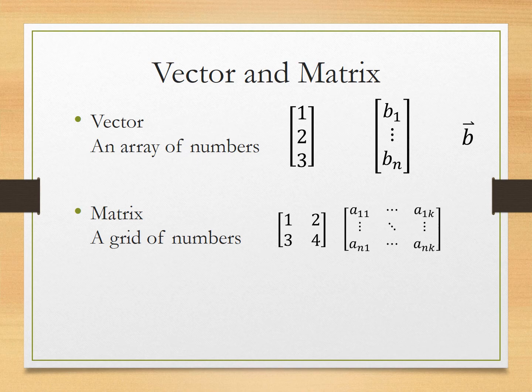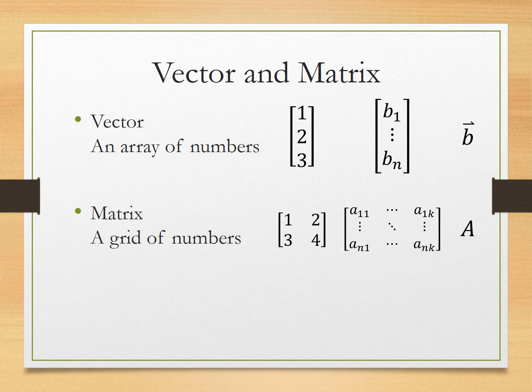You can have many, many rows and many, many columns. The notation for a matrix is pretty consistent. Almost everywhere, a matrix will always be denoted as an uppercase alphabet. This is very consistent in most textbooks.